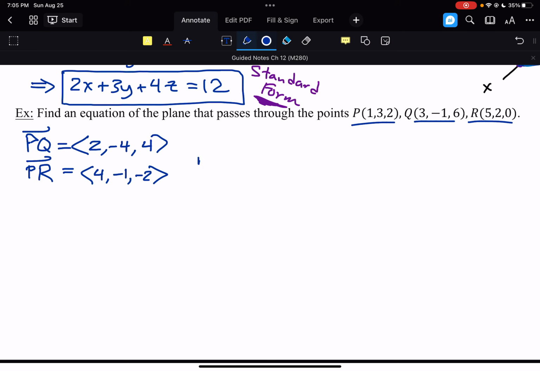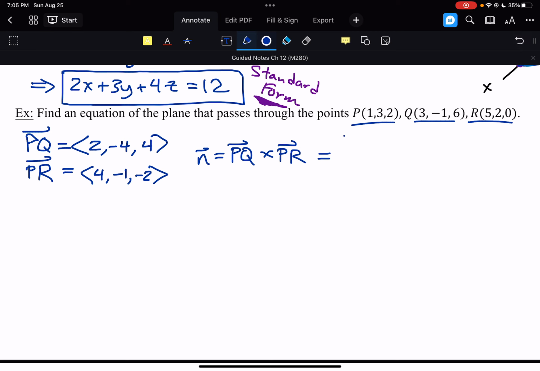So our normal vector is going to be the cross of PQ with PR. Remember, the cross product produces a new vector that is orthogonal to both of the ones that went into it. And that's exactly what we need.